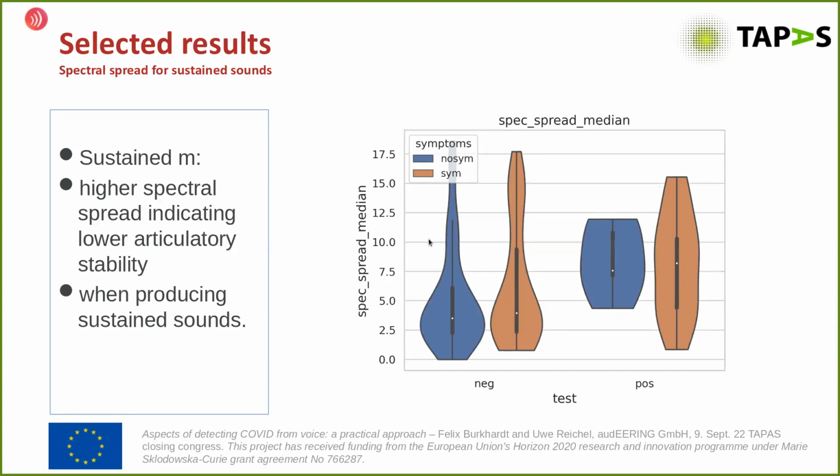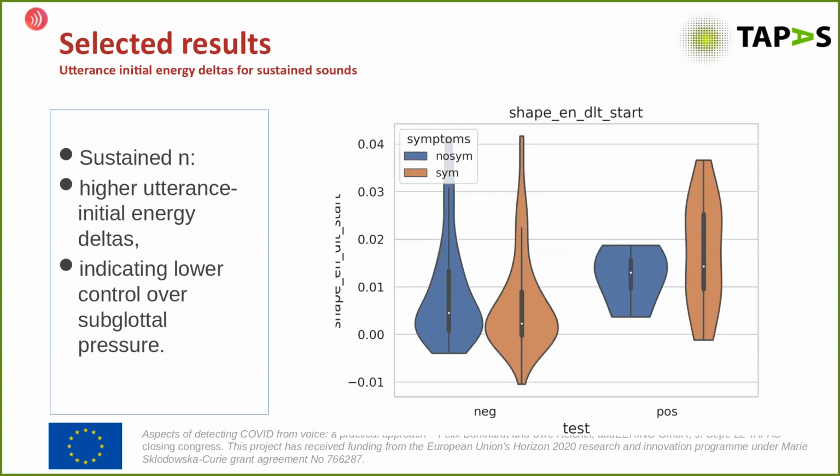Sustained M, higher aspect of spread for COVID when producing sustained sound, and thus indicating lower articulatory stability. Again, nasal sustained N, the utterance initial energy deltas were a bit higher. Again, perhaps due to lower control over subglottal pressure.